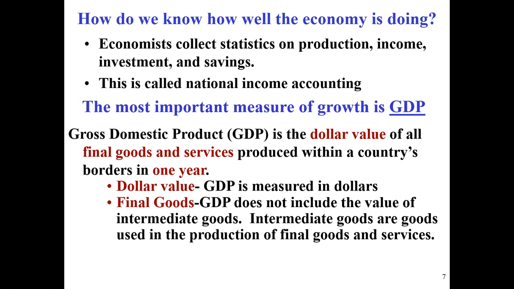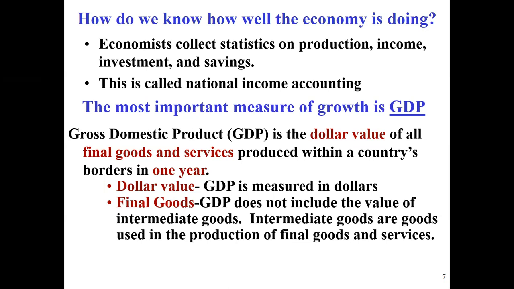So if I'm building a car, the tires that Goodyear sells to Ford, that is not part of the GDP. Why? Because the price of those tires goes into the total price of the car. So when we're looking at what's GDP, final goods, goods sold to the customer, the final sale. So the flour that makes bread, okay?